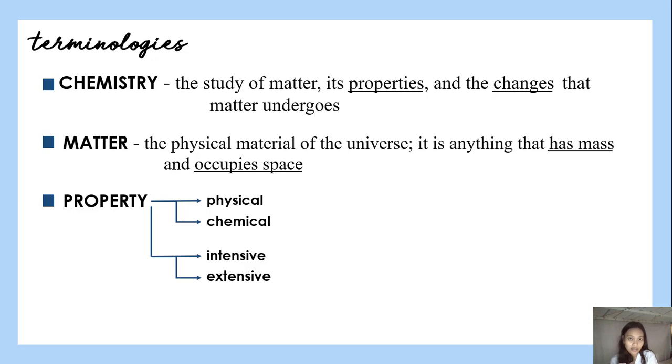Now, extensive properties, on the other hand, are characteristics of matter that change as the amount of matter changes. So they are dependent on the amount of matter. So examples of intensive properties are the melting point and the boiling point, and in extensive properties we have the density. So yeah.